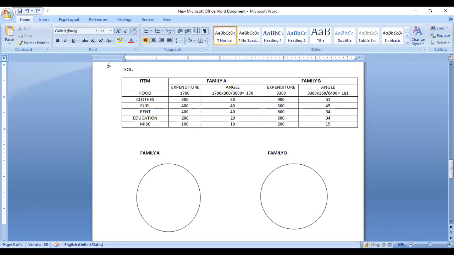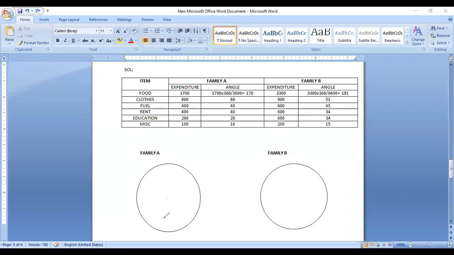Now first of all 170 degrees we have to draw. Okay. With the help of compass box, with the help of scale. So with the help of protractor we have to actually measure.